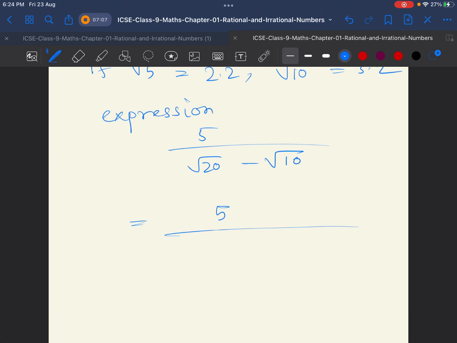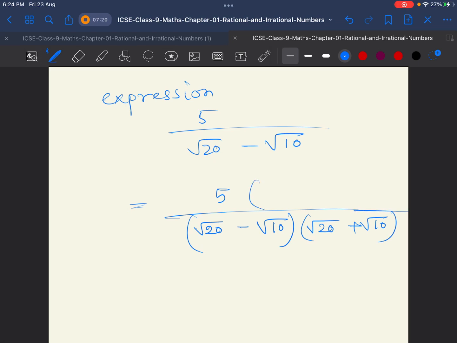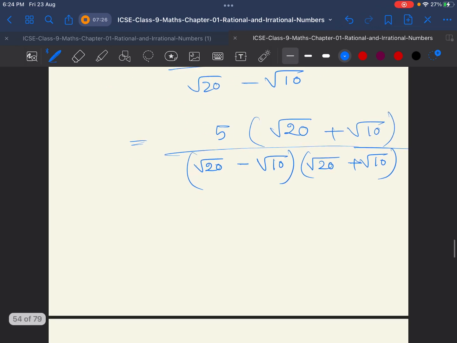Now 5. So first we have to rationalization. So its conjugate is root 20 plus root 10. In denominator we also multiply root 20 plus root 10. Okay. So 5 root 20 plus root 10.